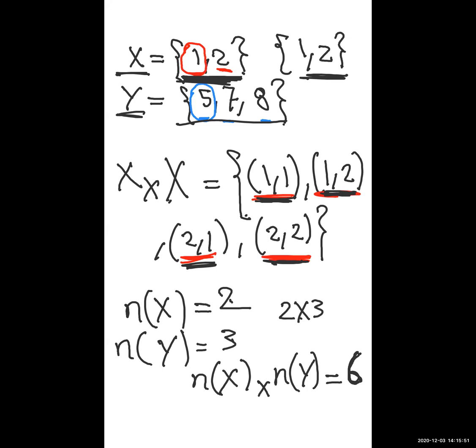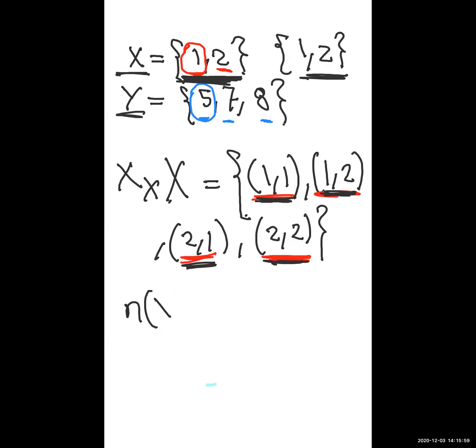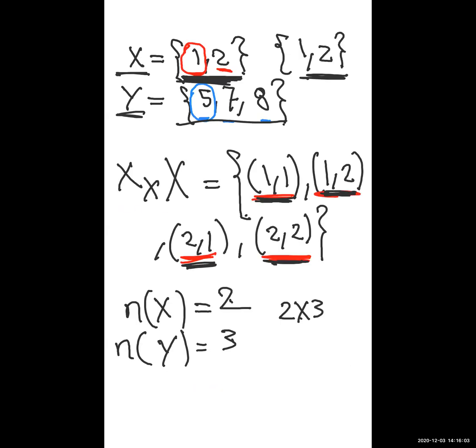Okay. The next point, if I'm going to check the number of elements of X squared, X cross X, which is X squared. So if there is a question, find X cross X or X squared, they are both the same.